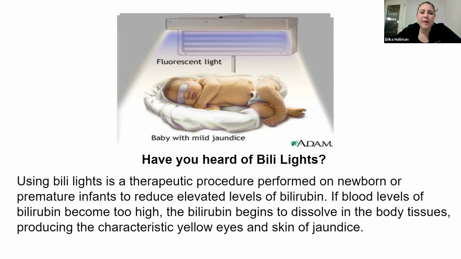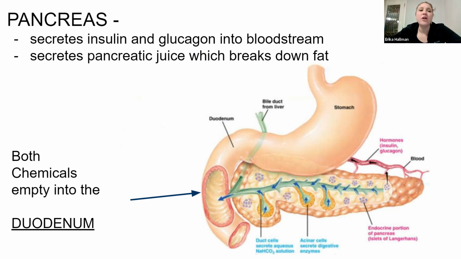This bilirubin is a lot of times found in premature infants. If it becomes too high, it can actually dissolve in the body tissues. That's what causes that yellow characteristic in the eyes and the skin. And it's treated just through fluorescent light. That light will help break down the bilirubin and help that kid get out of jaundice.